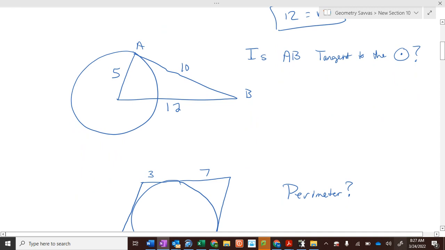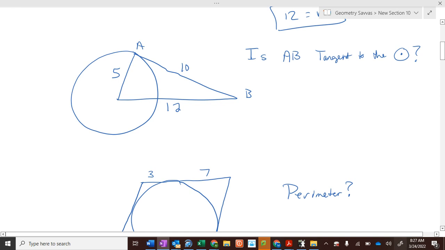Is AB tangent to the circle in this 5, 10, 12 triangle? How do we tell if it's tangent to the circle? Well, that is the definition, yeah, but it kind of looks like it intersects at one point, but that triangle has to be what? A right triangle.